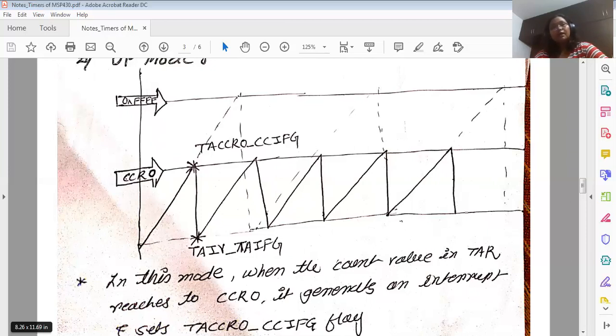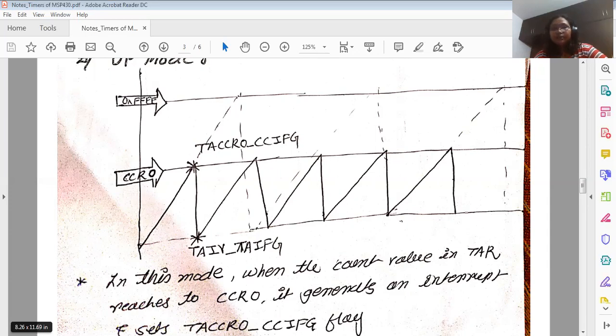But in up down mode, the contents of the TAR register are not cleared. It will be decremented with the arrival of every clock pulse. Means after this interrupt occurs, the TAR register value will be decremented with every clock pulse till it becomes 0, and the next interrupt will be generated at this instance.